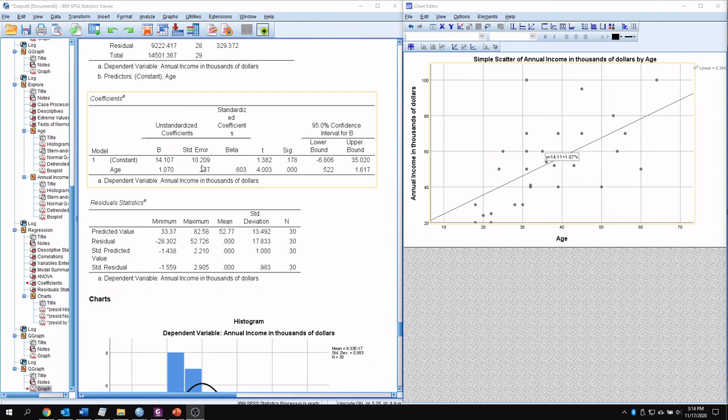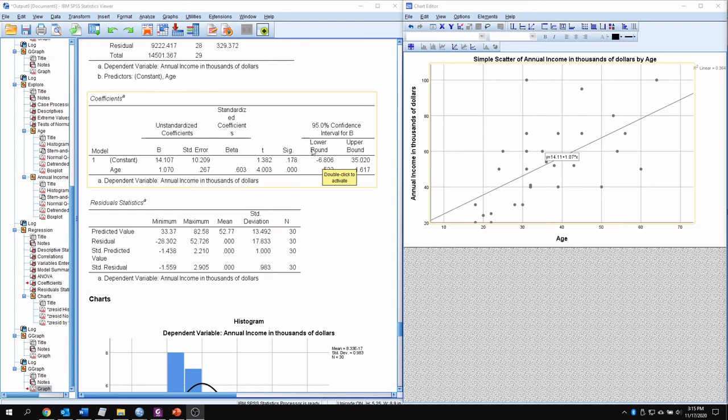And perhaps we know that people that are 0 years old are making $0 an hour. And we can see that figure represented over here in this 95% confidence interval, that $0 is between negative $6,000 a year and $35,000 a year. That's a pretty huge gap, but it does fall within that.